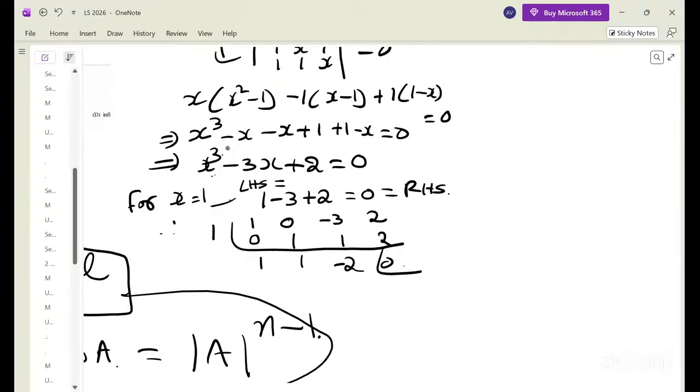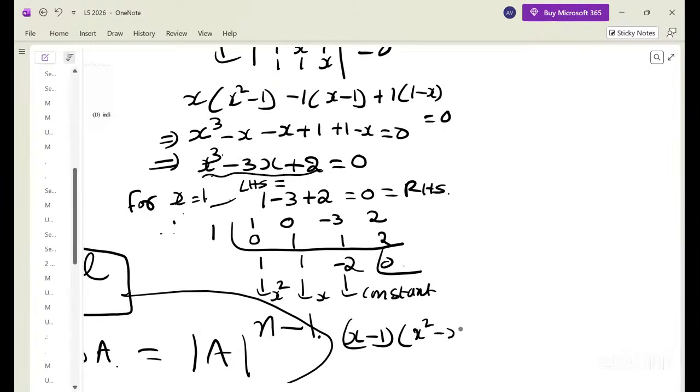So, a cubic equation, when you divide one time, you will get a second degree equation. So this is the x square coefficient, this is the x coefficient, this is the constant. So what will be the equation? x square plus x minus 2, since x equal to 1 is a root means x minus 1 is a factor. What will be the factorization for this? x square plus x minus 2 is 0.